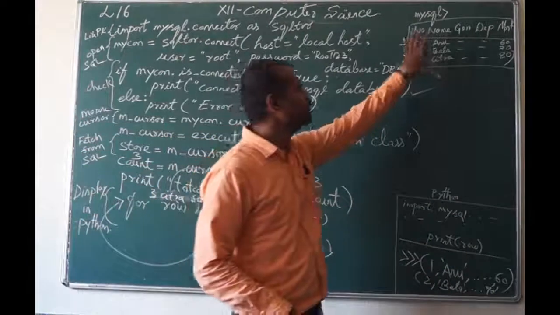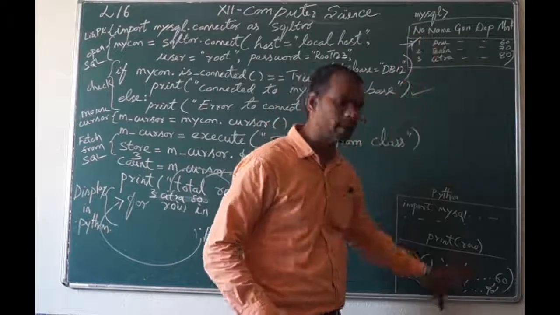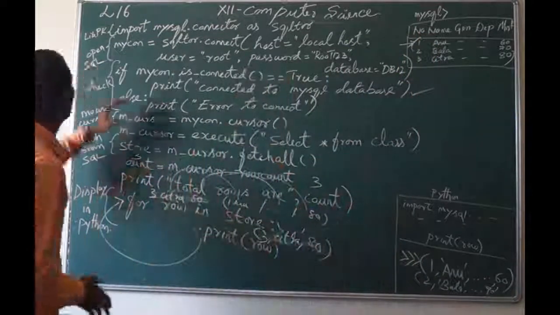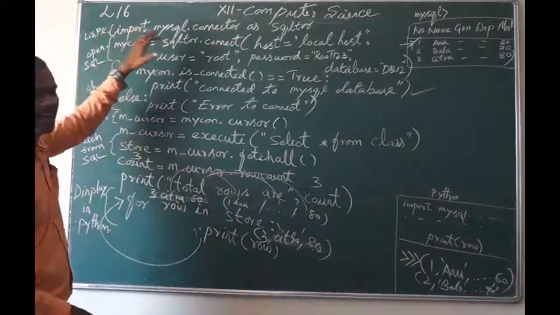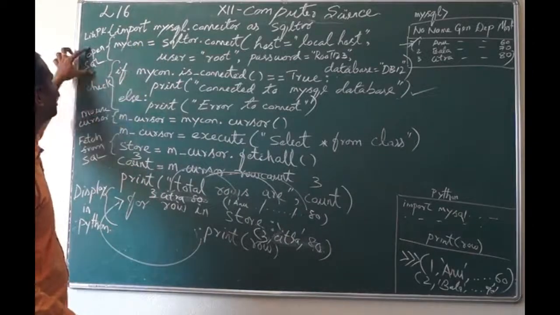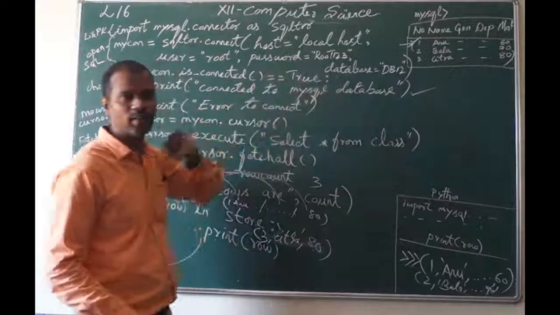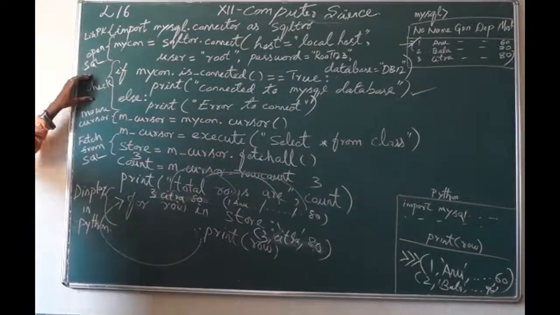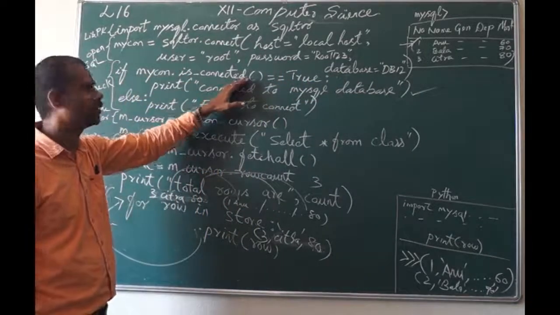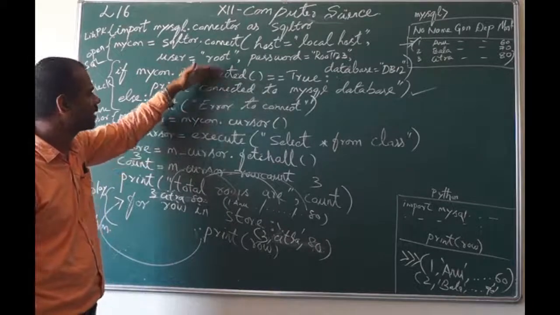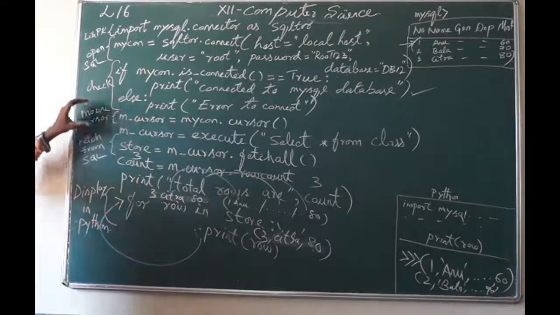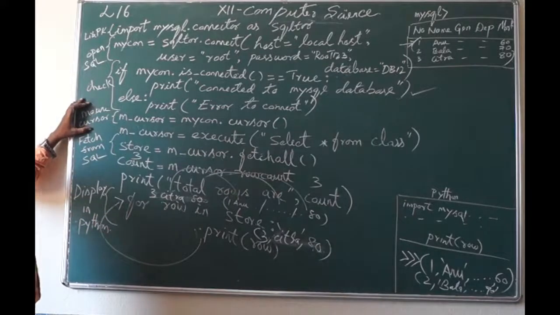To fetch this data to Python, what do you have to do? You have to import the library package. Then you have to open the MySQL with database and password. You have to check whether it is connected or not. Connected means this message, not connected means error message. You have to create a mouse cursor.